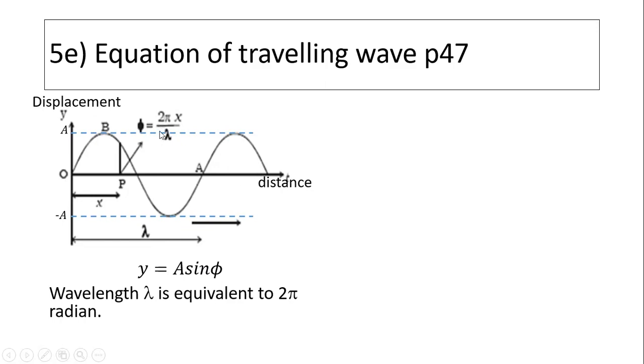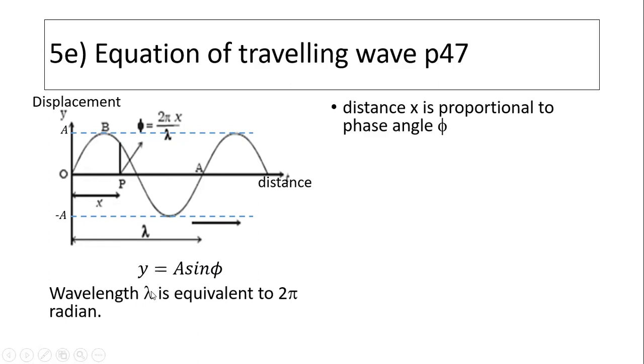There's a formula for how phi is related to x. Wavelength lambda equals 2 pi. You can think of this as one wavelength, but in terms of angle, this is also 2 pi. So if you want to relate your angle phi and your distance x, then this is the formula.